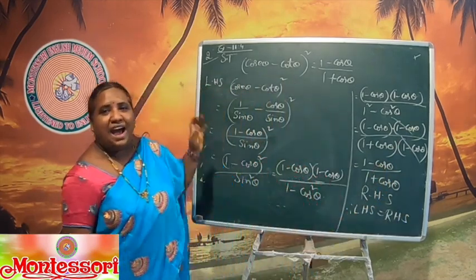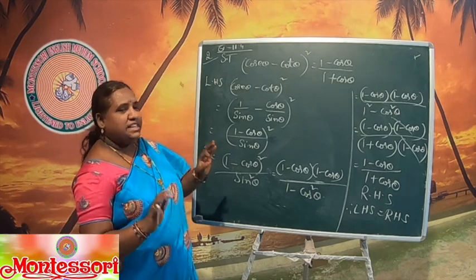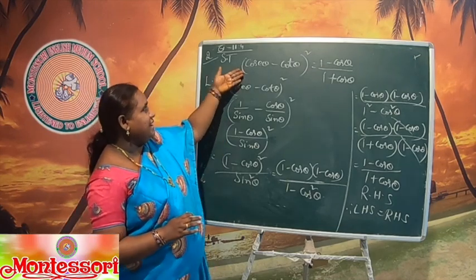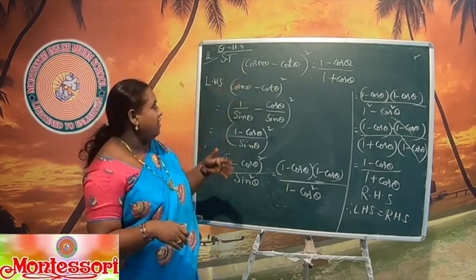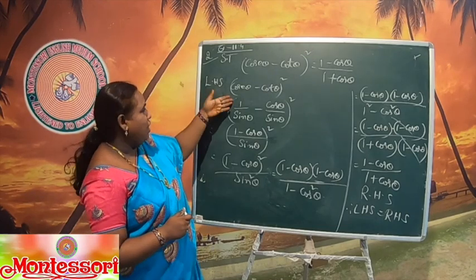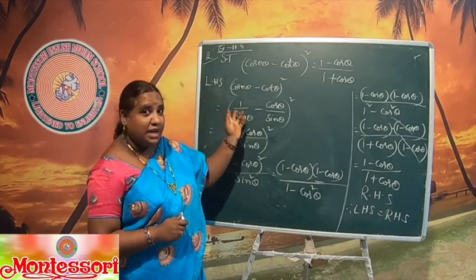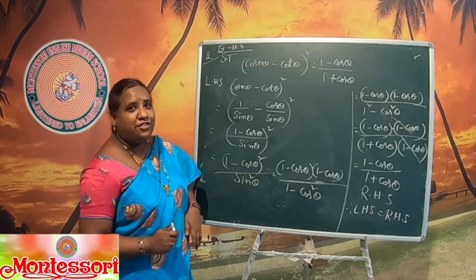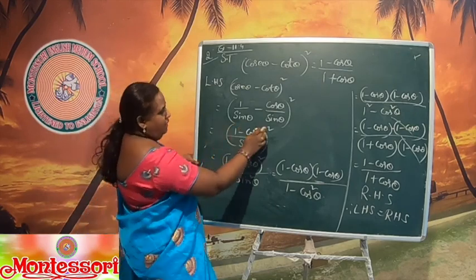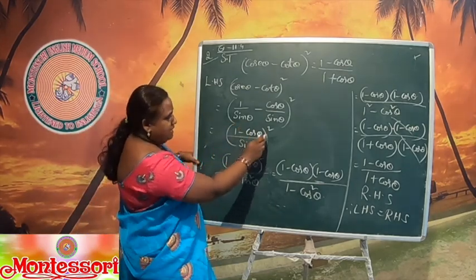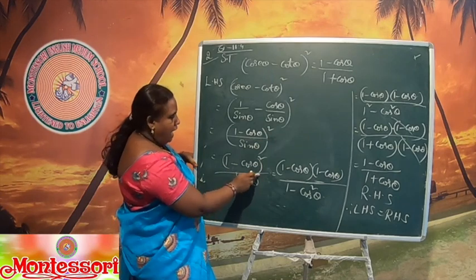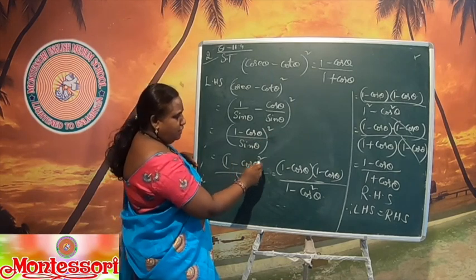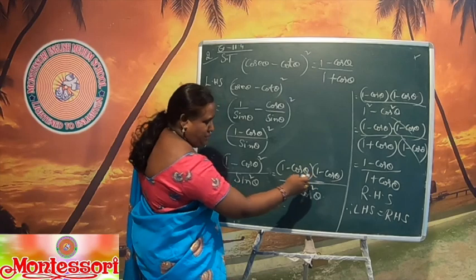See, children, here I just wrote cosec and cot in terms of sin theta, so 1 by sin and cos by sin. That's why you should know the basic ratios thoroughly. Then I did the LCM and gave the square to both. The square of (1 minus cos theta) means (1 minus cos theta) into (1 minus cos theta), two times.